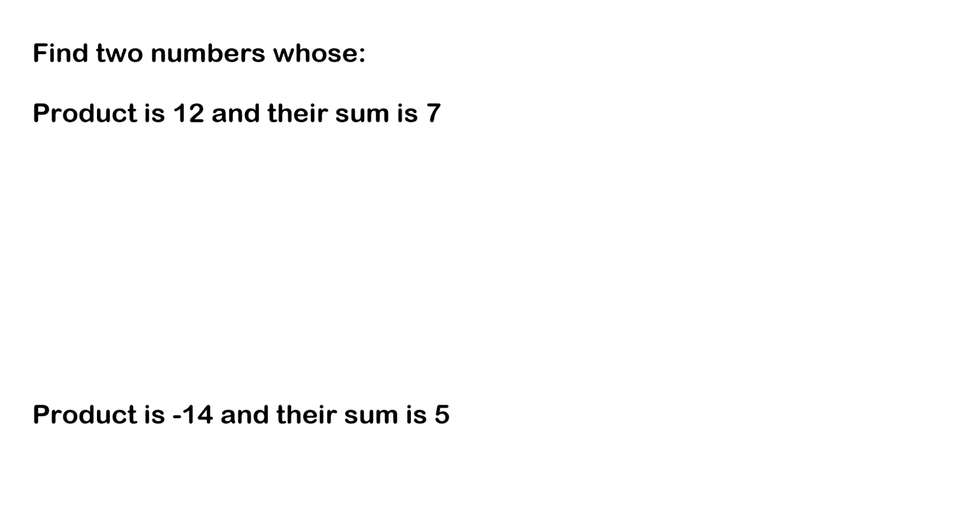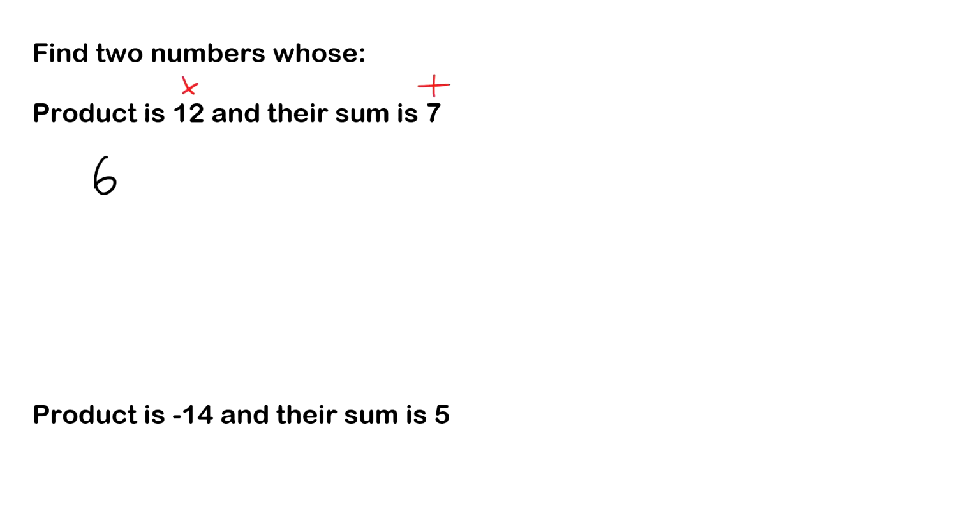Before we begin, we're going to look at finding these pairs of numbers. We need a pair of numbers that has a product of 12 and a sum of 7. That means we want numbers that multiply to give 12 and add to give 7. Let's think of two numbers that multiply to give 12.